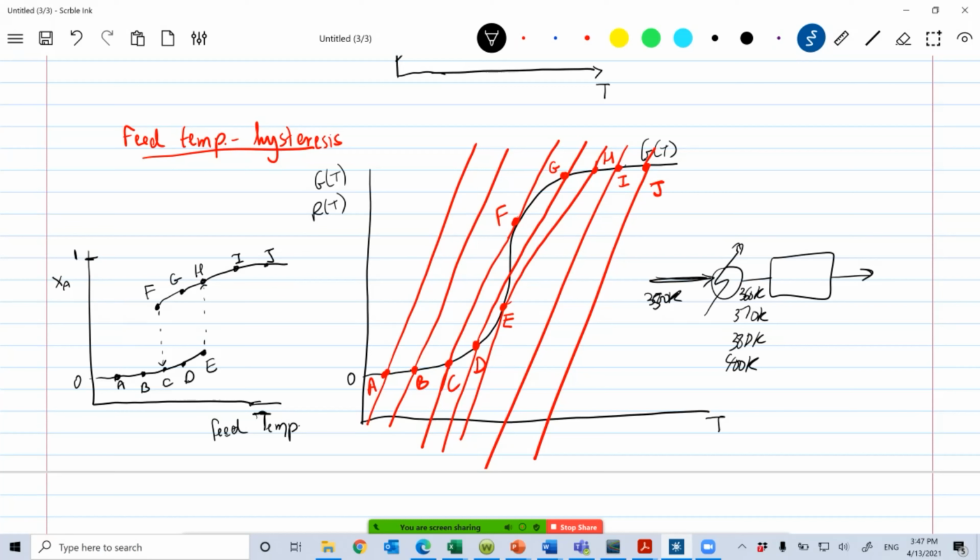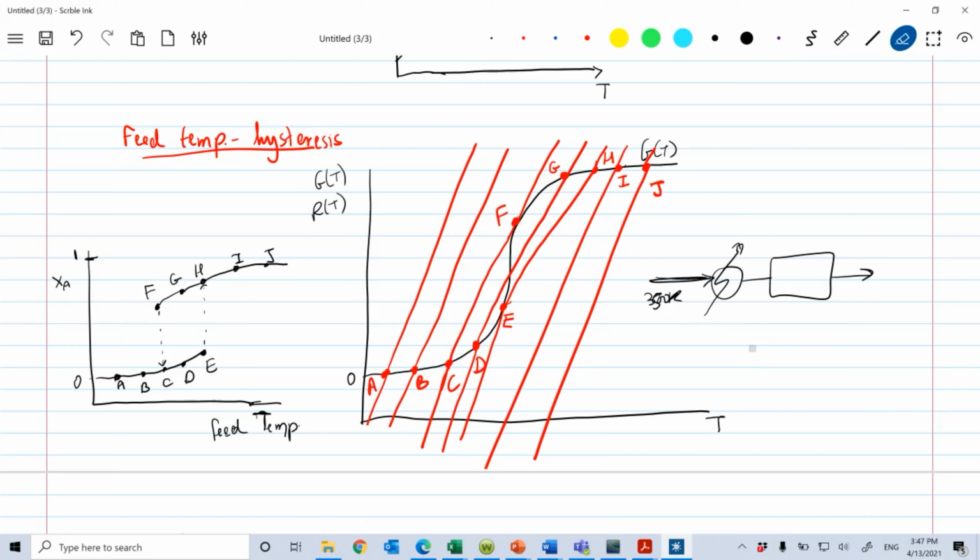And that's problematic. So what you should do instead is heat up your feed to the temperature that you want to operate at. So you heat it up to say 400 Kelvin, and now it's going to suddenly operate at I, right? Rather than going through this step, which has some safety problems associated with it.